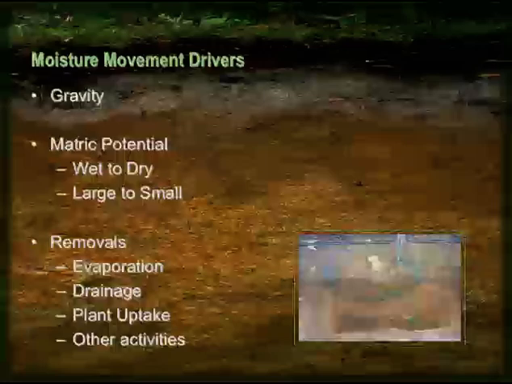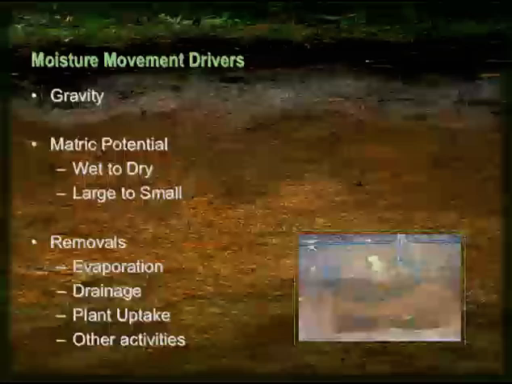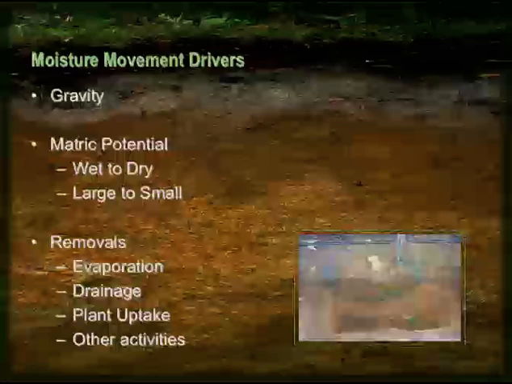The reason it's important in agriculture is that we may be interested in evaporation and transpiration separately, but when you're irrigating a field, you have to irrigate to meet both of those losses. So we condense them into evapotranspiration, and that's what we usually deal with in agriculture.